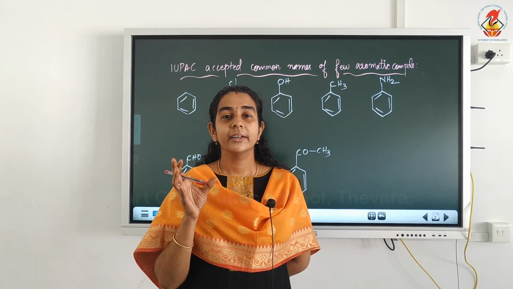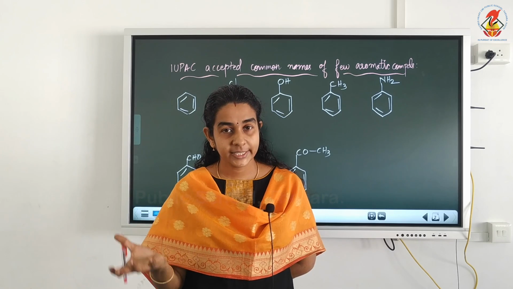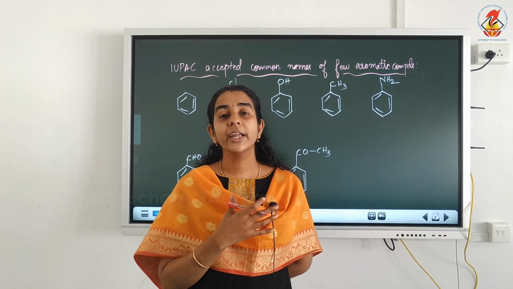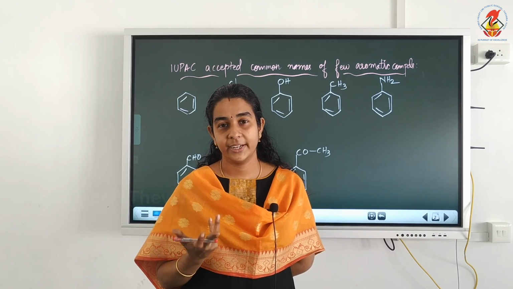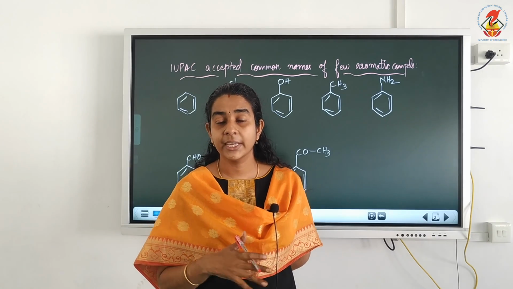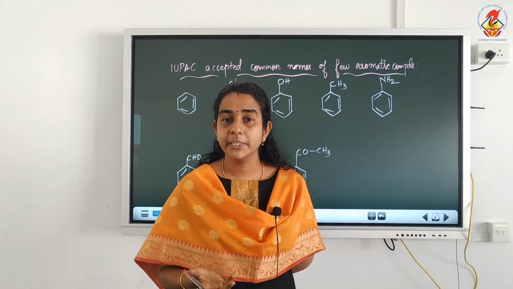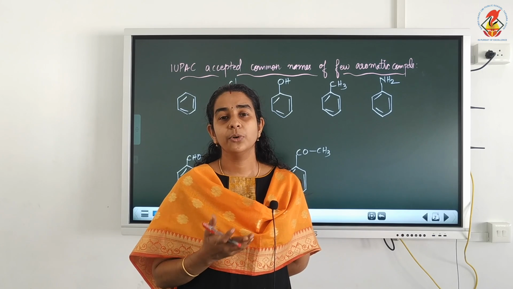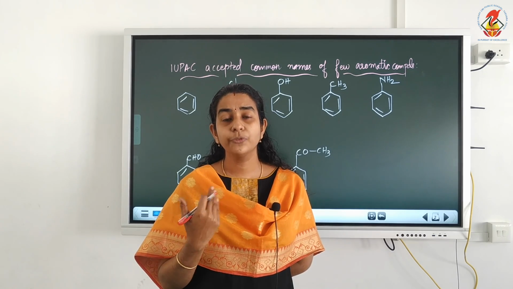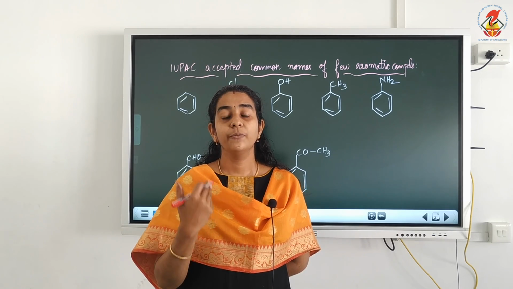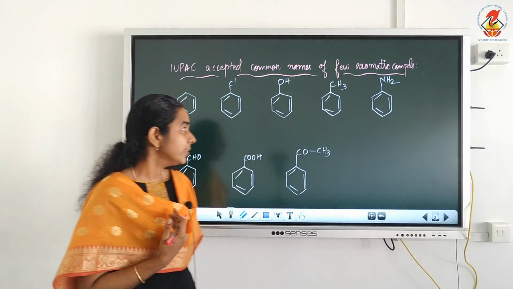So when they ask for the IUPAC name, if you write these common names also, that will be correct because these common names are accepted by IUPAC. So we are going to study a few very frequently used compounds with their common names now.